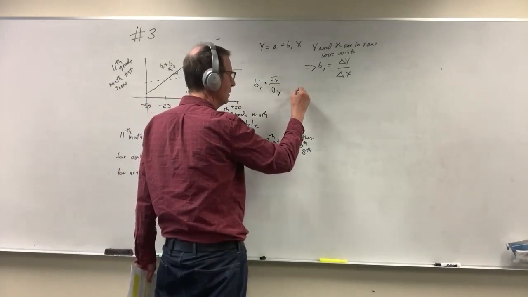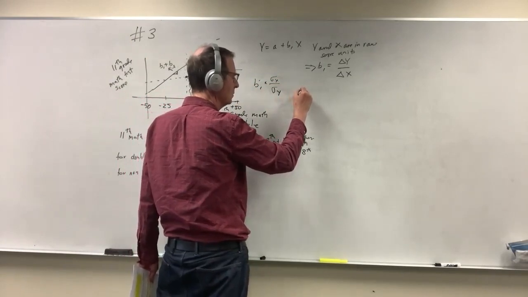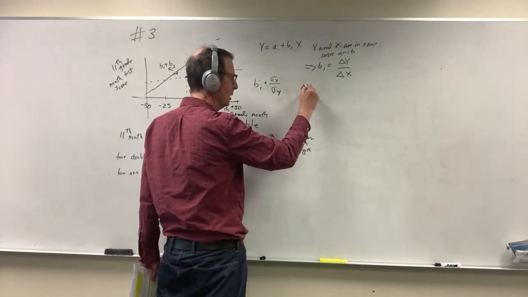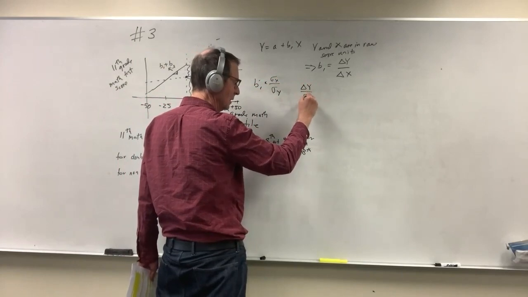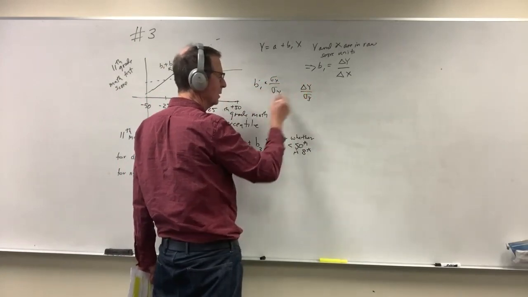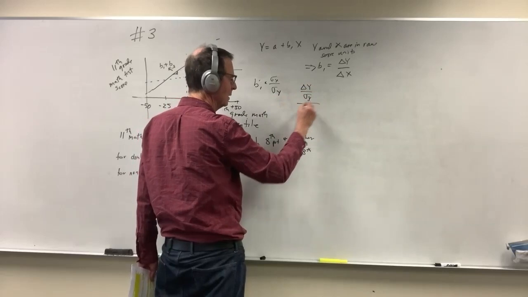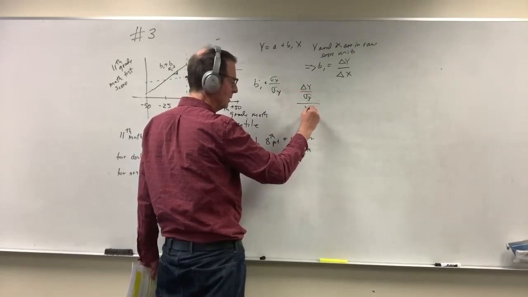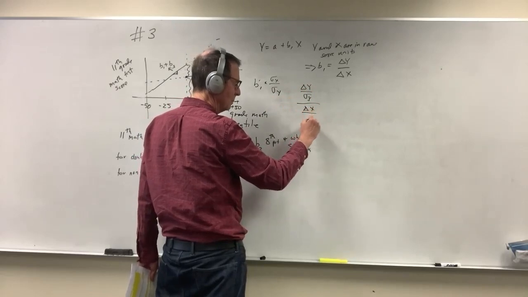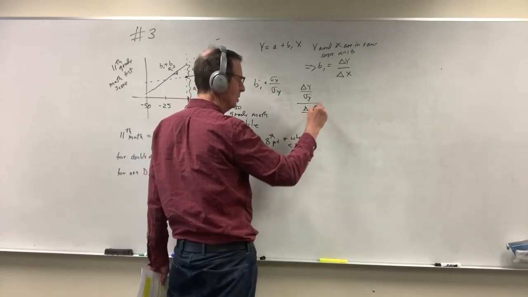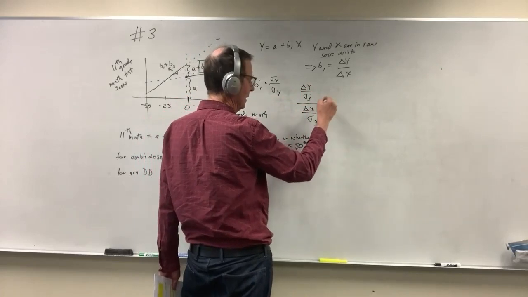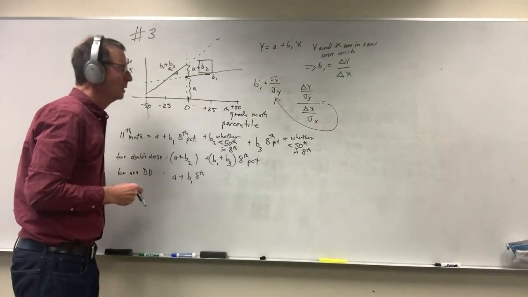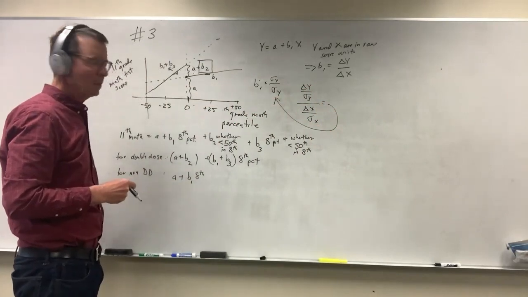Well, if what we want to do is go from a change in y to a change in the standard deviation units of y, we divide delta y by the standard deviation of y, and similarly for x in raw units, we want to divide by standard deviation of x, and that ends up being exactly that if you invert and multiply. So that's probably the easiest way to do it.